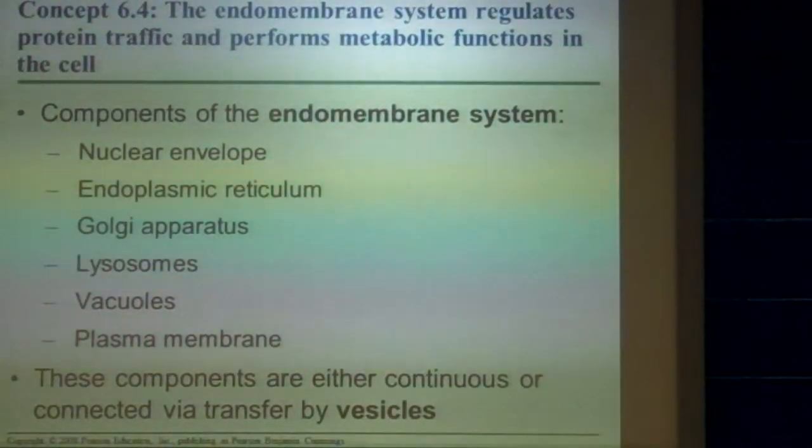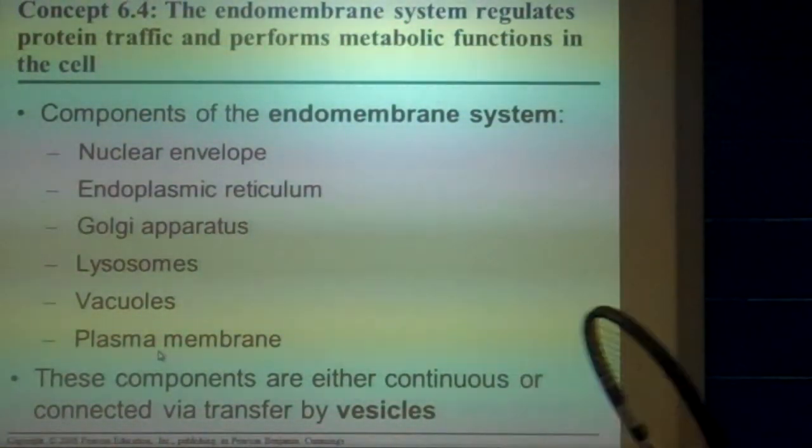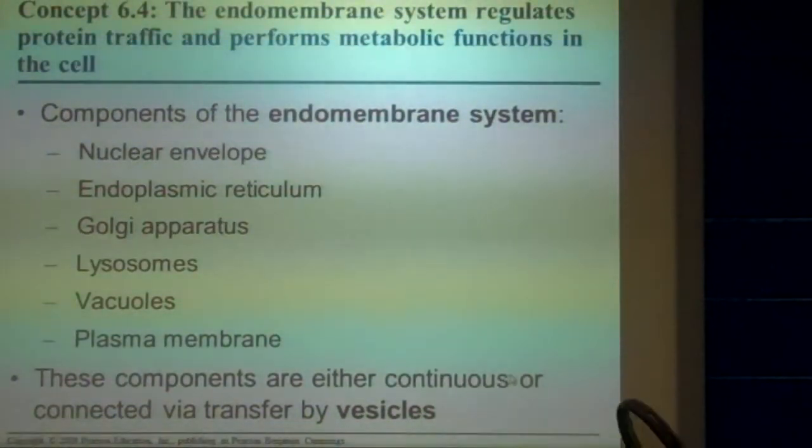Hydrolytic enzymes to break stuff down. Vacuoles are for storage. And then you have your plasma membrane. Peroxisomes are not part of the endomembrane system. The mitochondria and the chloroplasts are not part of it. Ribosomes are not part of it. And what connects from one thing to the next would be the vesicles.